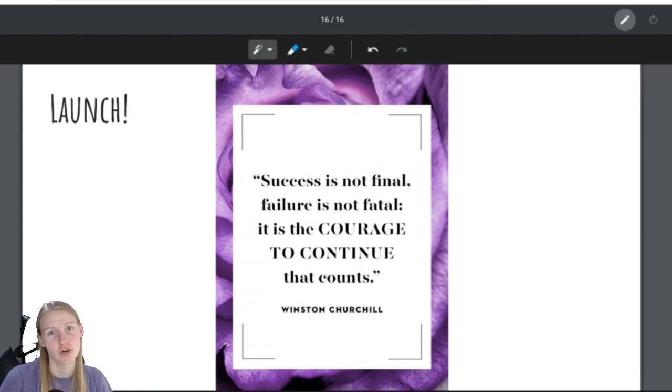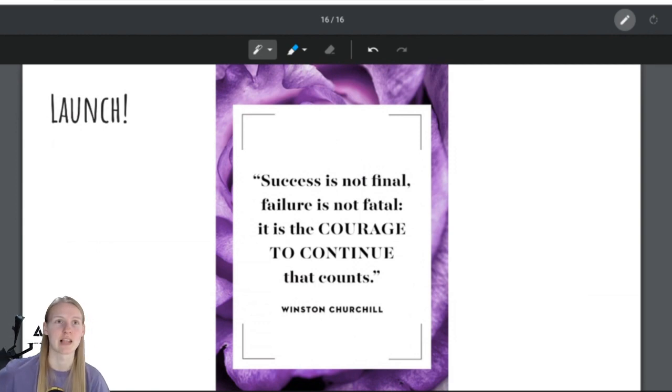Next, failure is not fatal. So what that means is if you fail at something, you're not going to die. It's fine. Failing is human. Everybody fails at something. Heck, we all failed at breathing when we first came out of the womb. That's why you hear about doctors slapping babies. It's so that they start to cry, and they take that big breath.